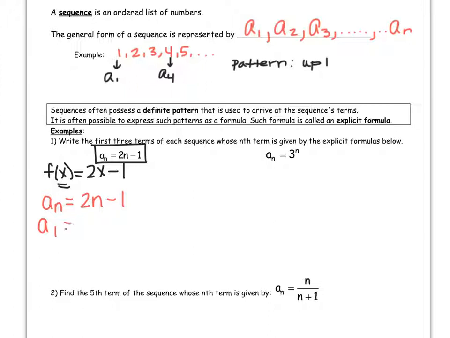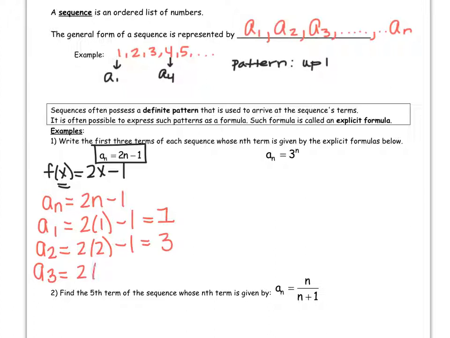So a sub 1 is equal to 2 times 1 minus 1, which reduces to 1. If I want to find a sub 2, everywhere I see an n, I'm going to put a 2. So 2 times 2 is 4, minus 1 is 3. And if I want to find a sub 3, everywhere I see an n, I'll put a 3, and I'll get a 5.